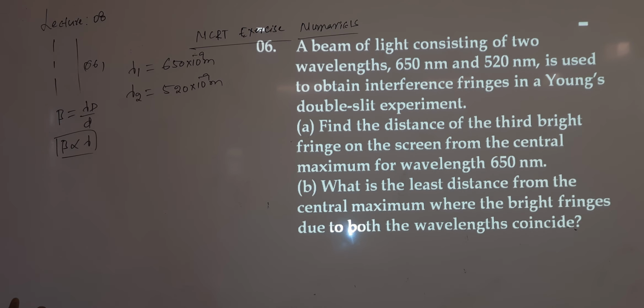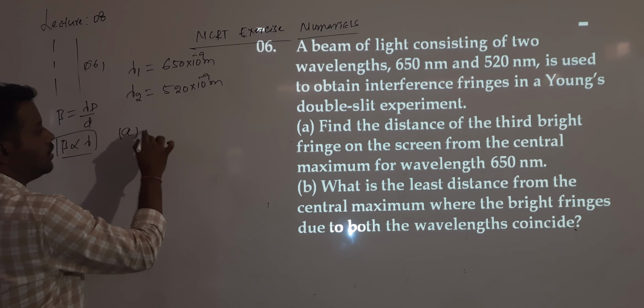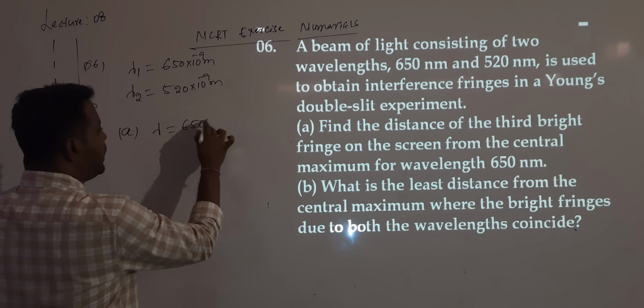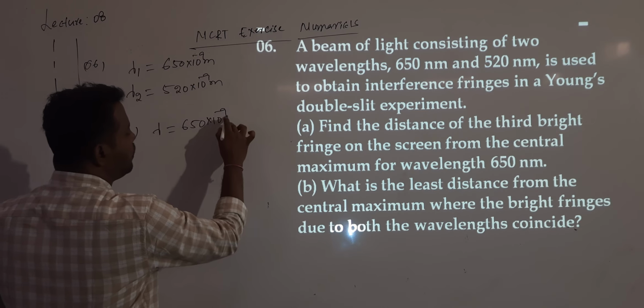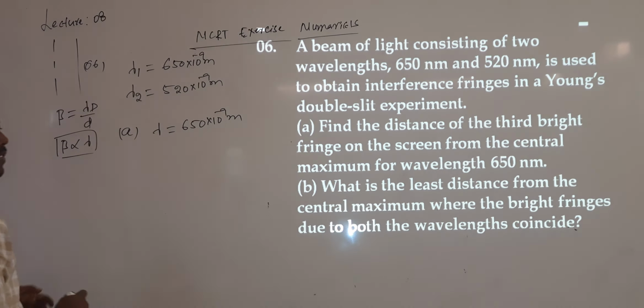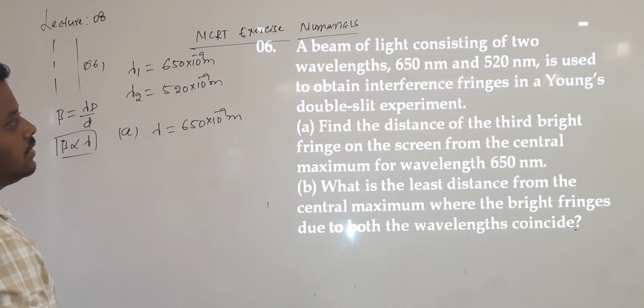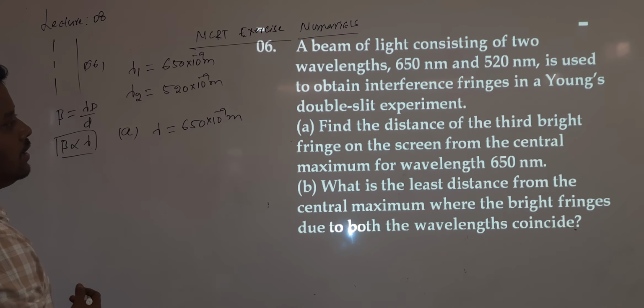Now the question they are asking is: find the distance of the third bright fringe on the screen from the central maxima. First, for the wavelength lambda equal to 650 nanometers, 650 into 10 power minus 9 meters, what they are asking us to calculate is the distance of the third bright fringe on the screen.